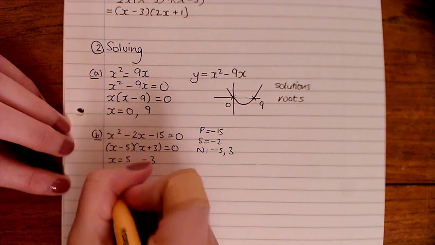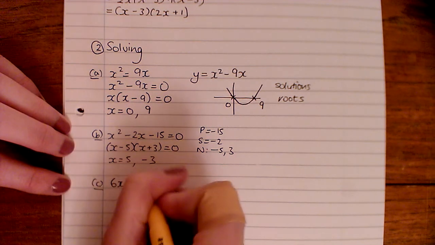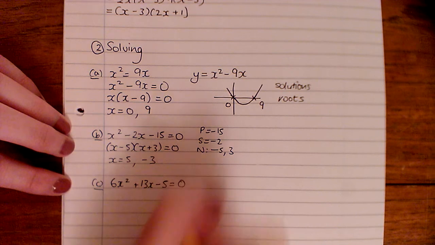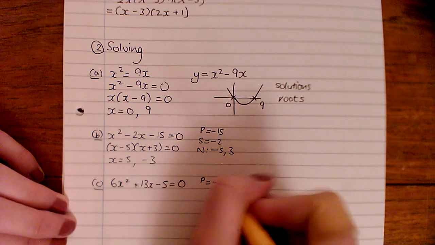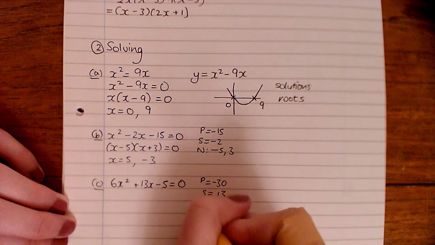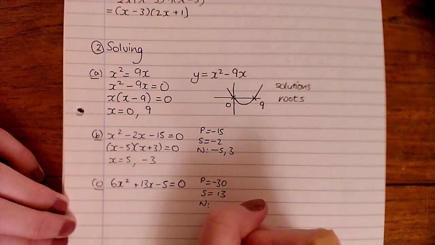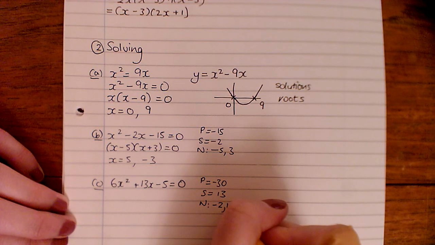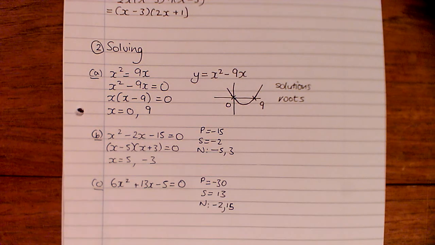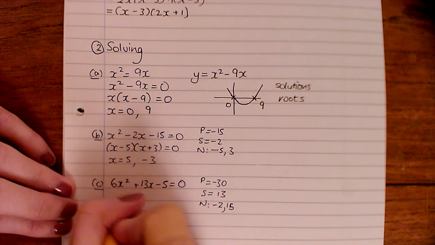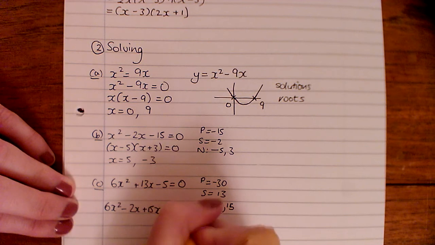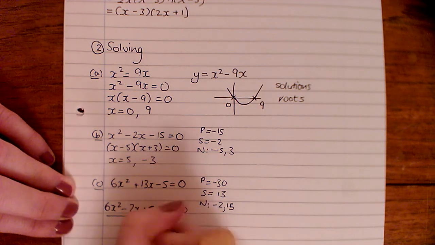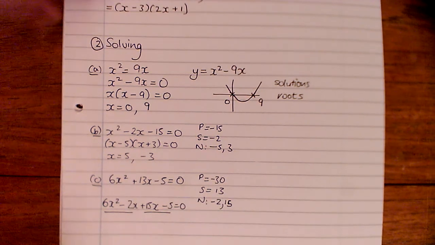Our third one, 6x squared plus 13x minus 5 equals 0. So our product is minus 30. Our sum is 13. Two numbers that multiply together to give you minus 30 and add to give you 13 are minus 2 and 15. So I'll rewrite the equation and then factorise the two pairs.